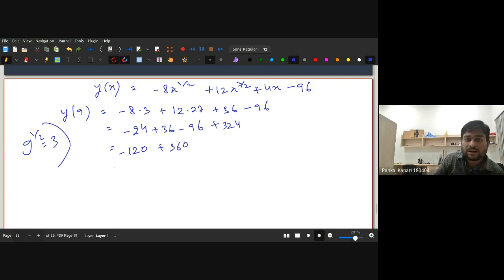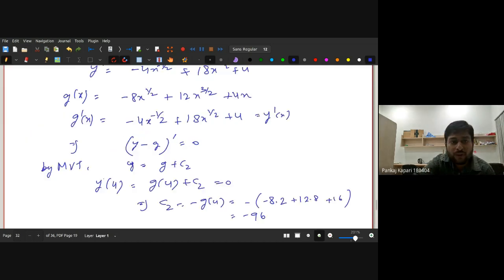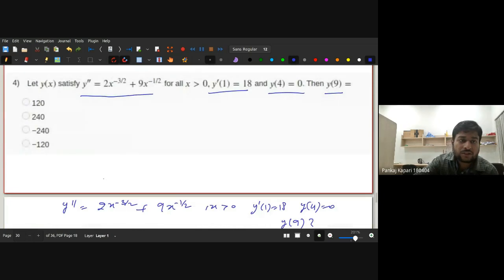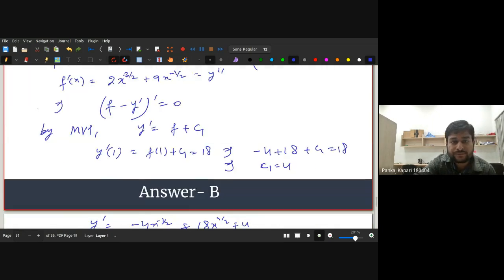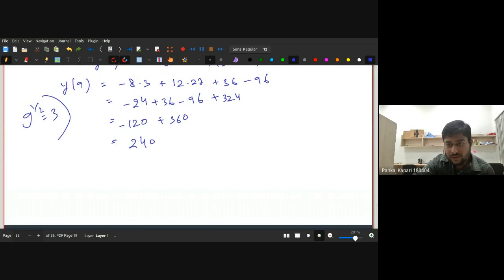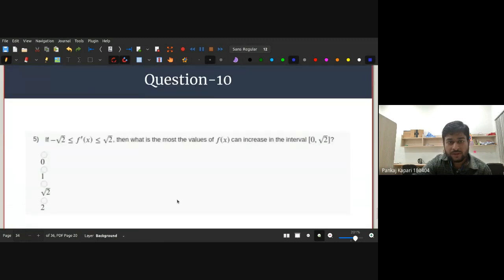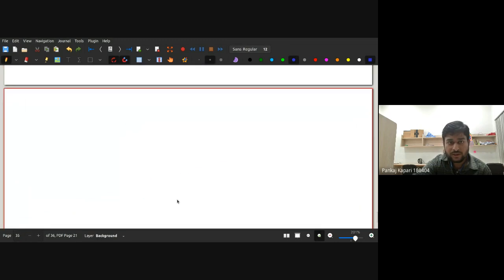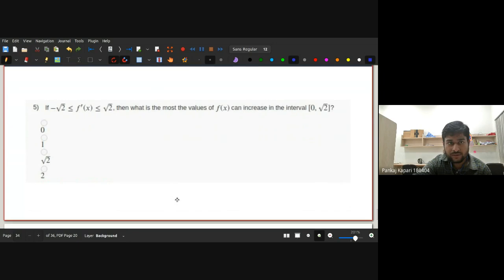If you subtract 120 from 360, you'll have 240. The second option is correct here. So any questions? If there are no questions, then let's move to the next problem.